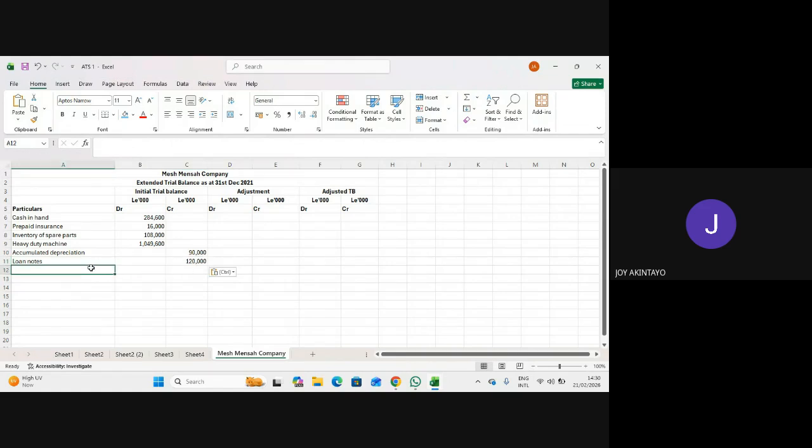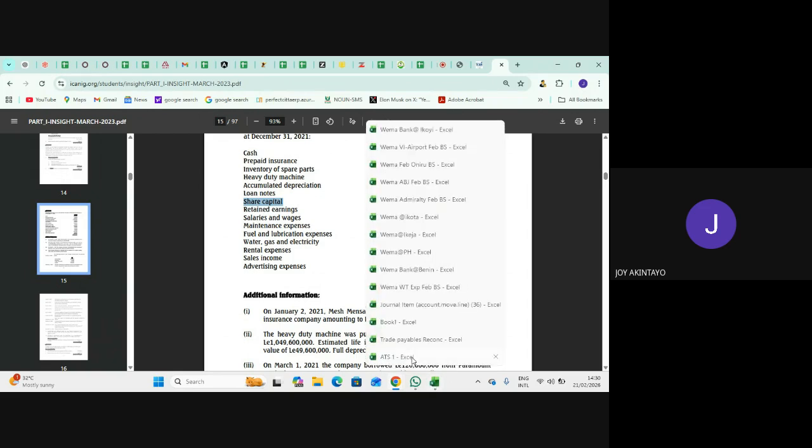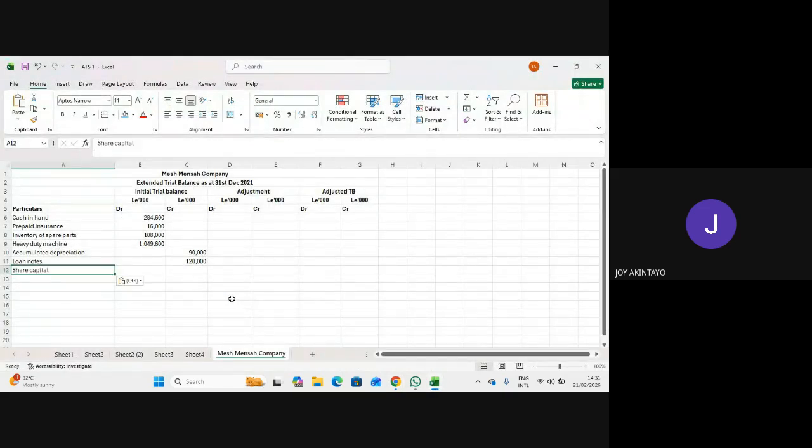Then the next thing, share capital. Which side are we posting it? Debit or credit? Debit side or credit side?